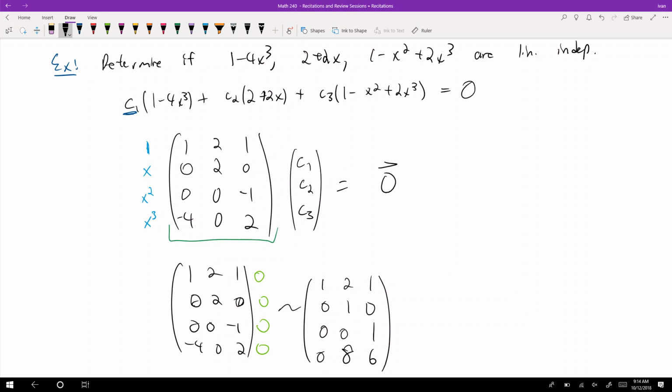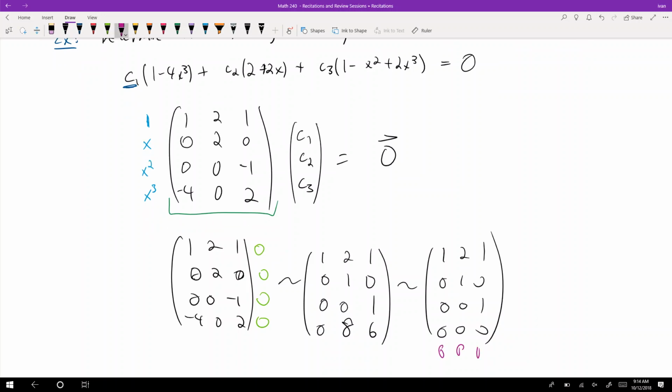And then we see that, hey, that last row will get killed by the second and third rows. Right? I can do the last row minus 8 times the second row, and then the last row minus 6 times the third row. So that gets me a row of zeros on the bottom. That's fine because look, what do I have?